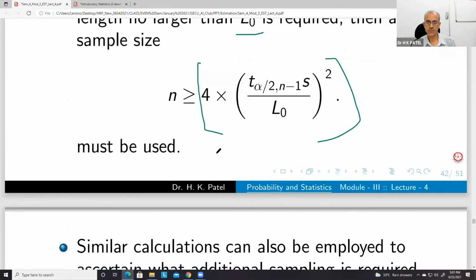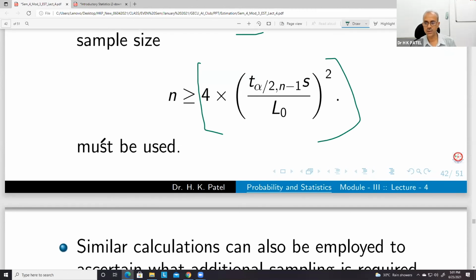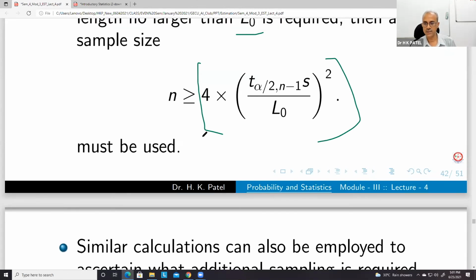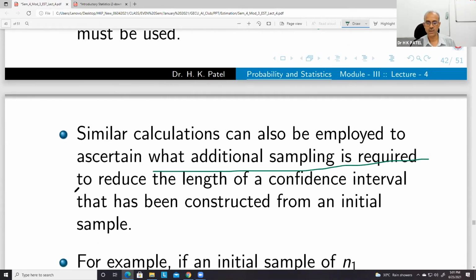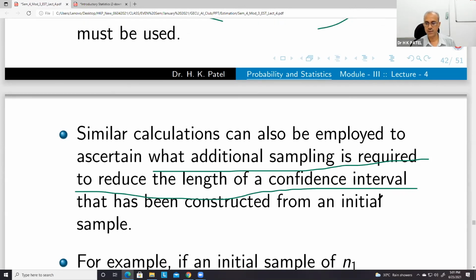And similarly, these results can also be used to find the additional sampling required to reduce the length of a confidence interval that has been constructed from an initial sample.